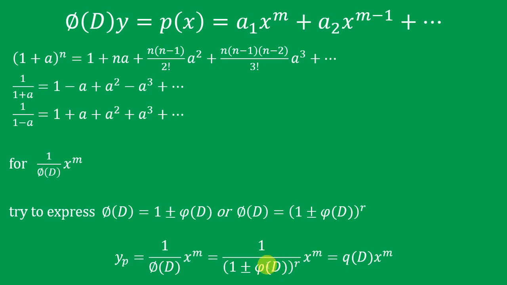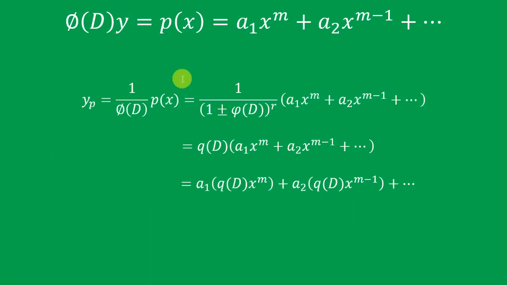Now by binomial expansion we can express this as some polynomial in D. So we'll get some polynomial in D which operates on x raised to m, and which you can easily calculate because D is a differential operator and taking the derivative of x raised to m is not a difficult task.